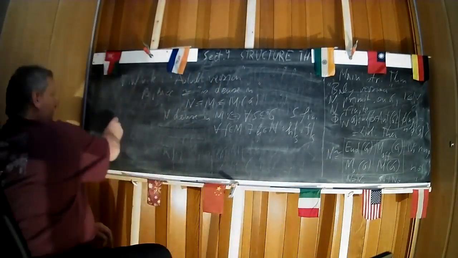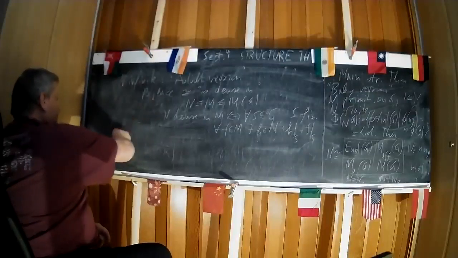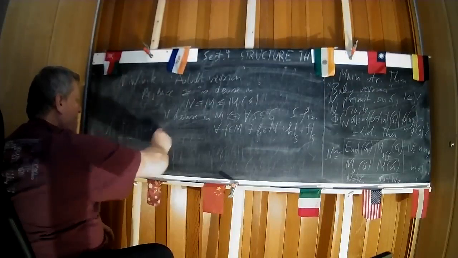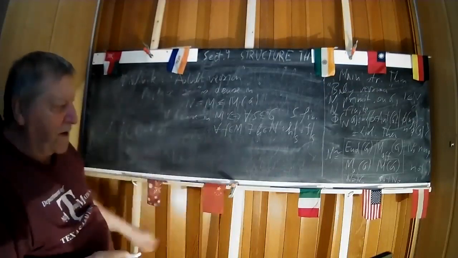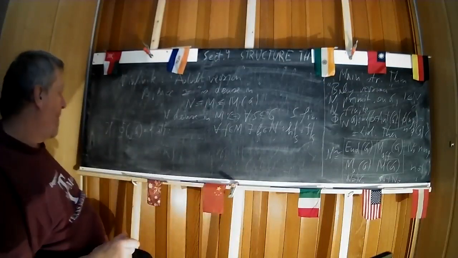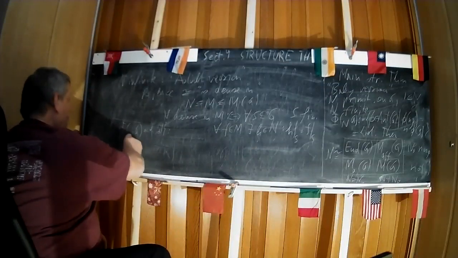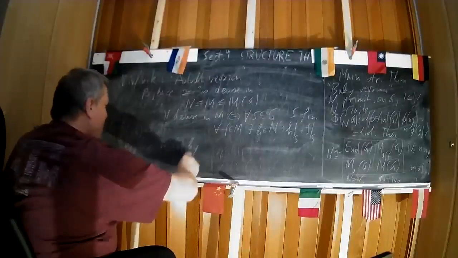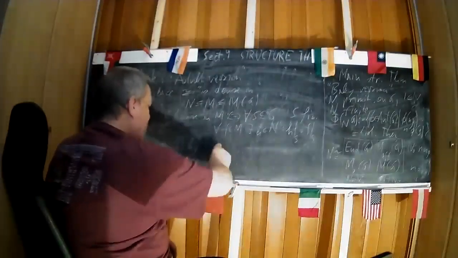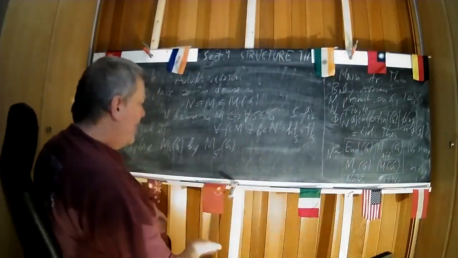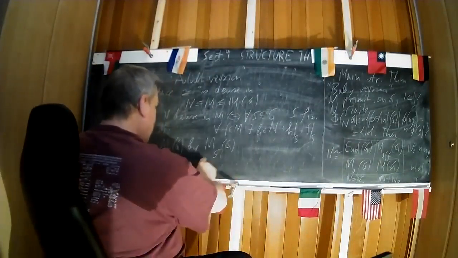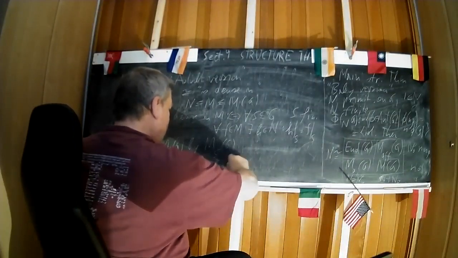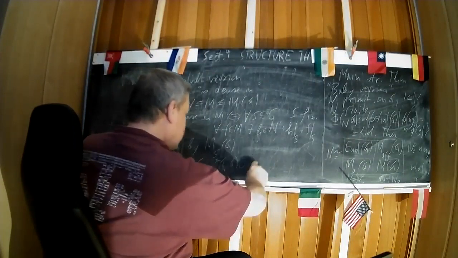Now, if phi of mg is not the identity, we have to replace m naught of g and m of g by something else, namely replace m naught of g by m sub s of g, where s is equal to phi of n times g, union with the zero map.